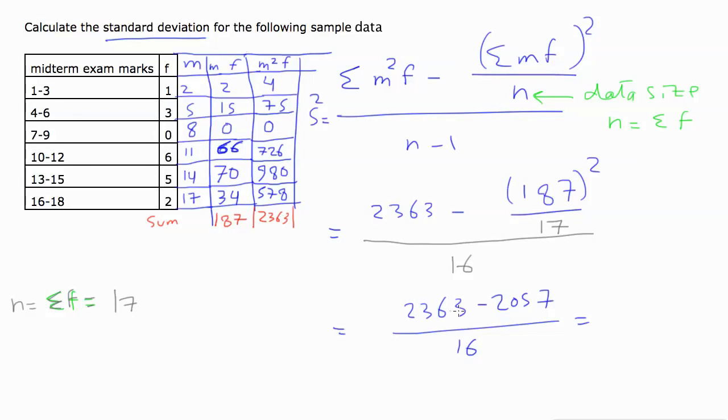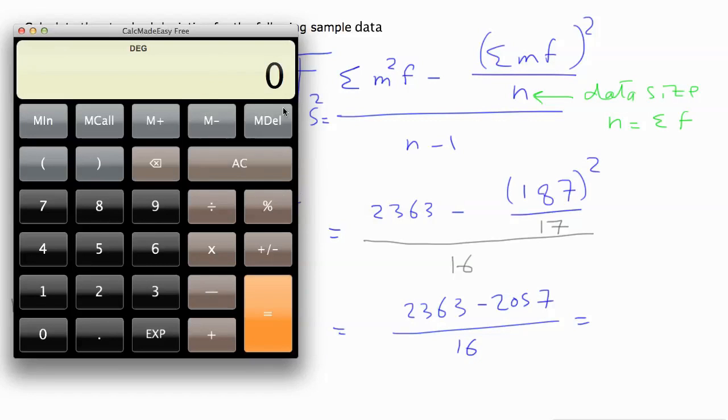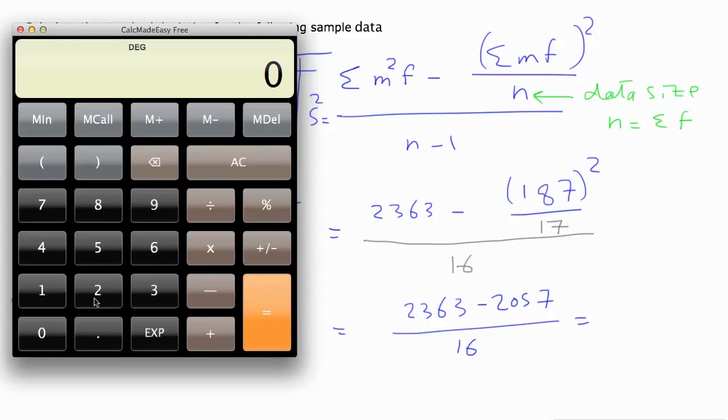So obviously I need to subtract this first, because a lot of people make a mistake here when they use a calculator. What students sometimes do is say, okay, 2363 minus 2057 divided by 16. And that's wrong. This will give you the wrong answer, because you divided only the second one.